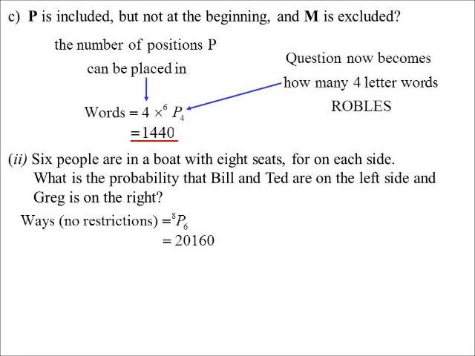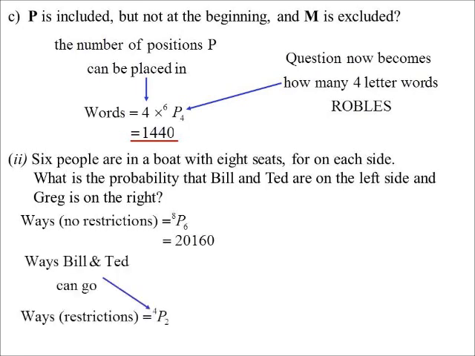Now let's work out our restrictions. Bill and Ted are being awkward. They have to be on the left-hand side. Okay, well that would be 4p2. There's only 4 seats on the left-hand side. Going to use 2 of them. And so Greg comes along and says, hey, if they're going to be on the left, I'm going to be on the right. Don't want to be the same. So that would be 4p1.